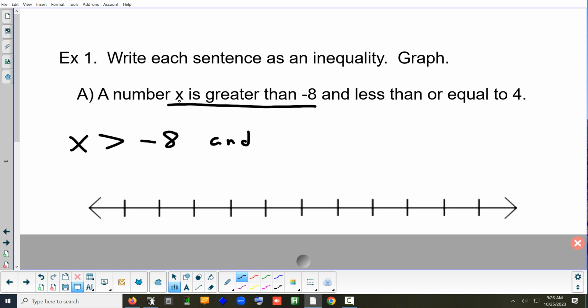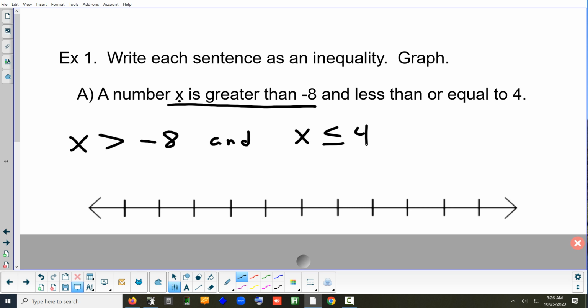So what would be my second inequality? X is less than or equal to 4. Yes, x is less than or equal to 4. Perfect. Now, it didn't say that you had to combine that together. It just said to write an inequality. We've done it.